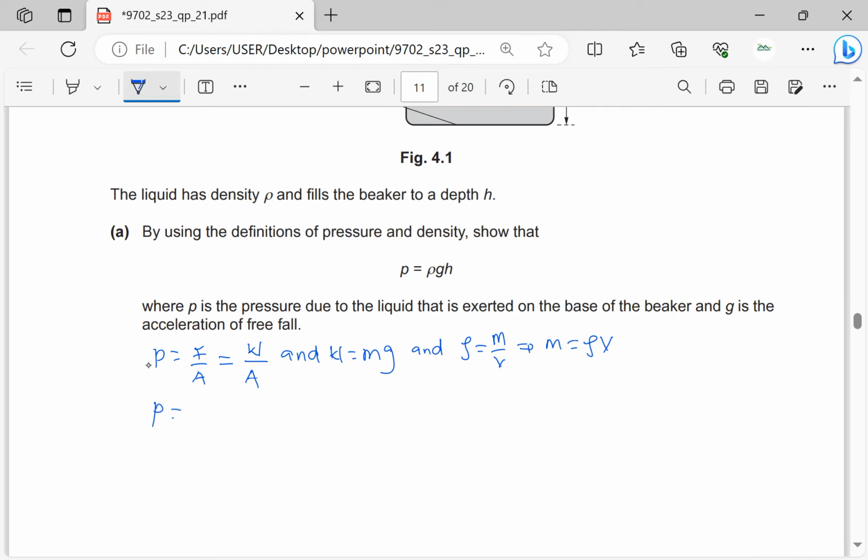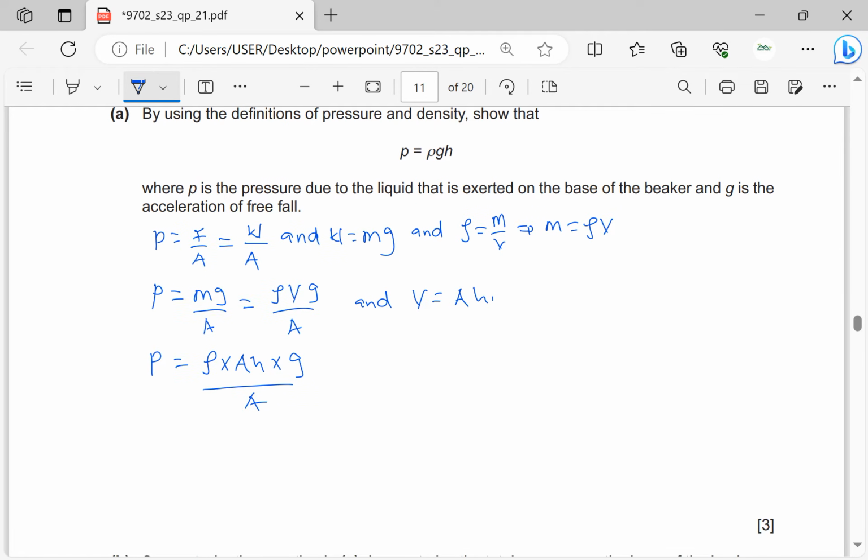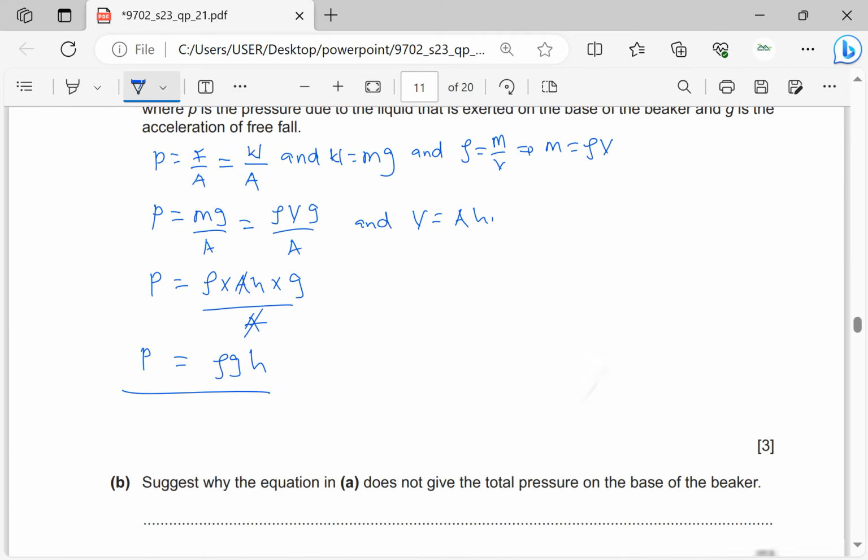So the pressure, which would have been mg over area, will simply be equal to density times volume times g over area. But we also know that the volume is the cross-sectional area times the height h. So the pressure is density times the cross-sectional area times h times g divided by the area. So we see that this area cancels out. Hence, pressure is equal to density times g times h as required. So as simple as that.